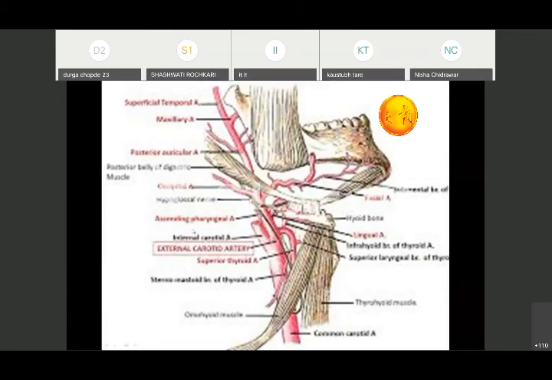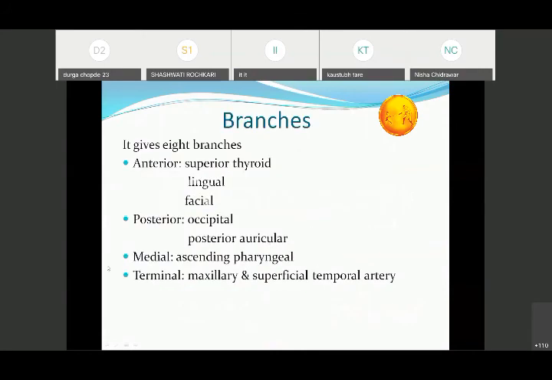From the medial side, it gives the ascending pharyngeal artery. And lastly, the two terminal branches, that is the maxillary artery and superficial temporal artery.